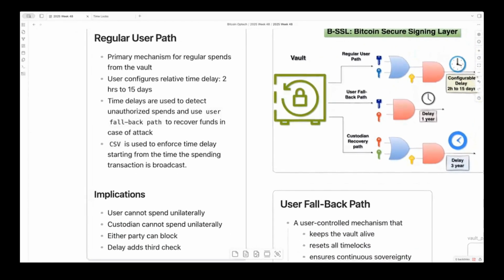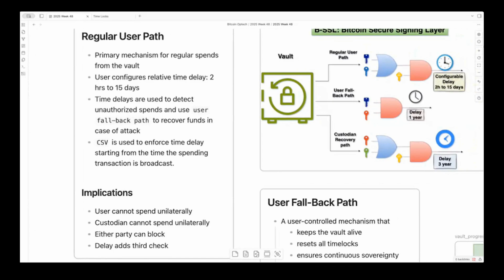So the regular path is designed to be the primary mechanism for the user to keep spending from the vault. But the protection that exists here is just to ensure that the transaction doesn't go through immediately.